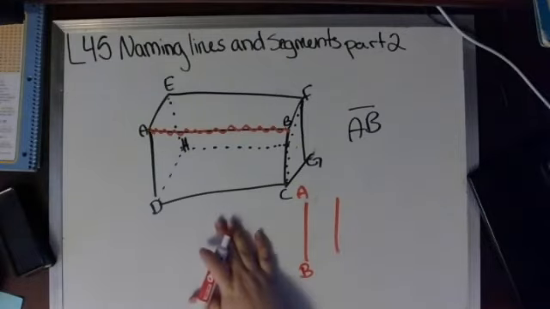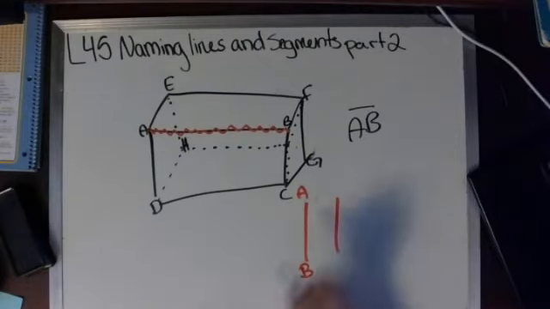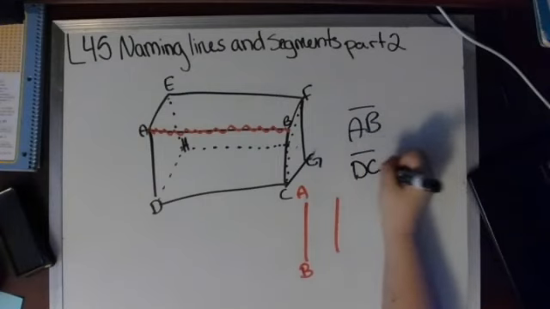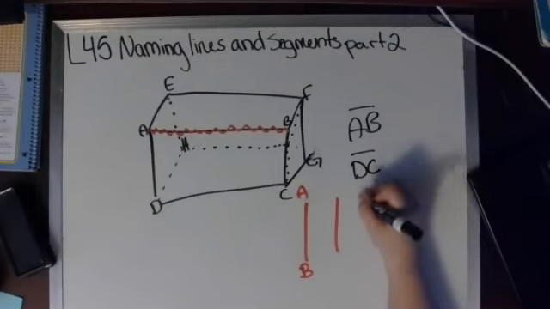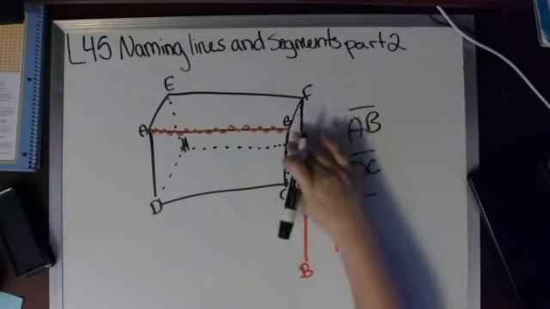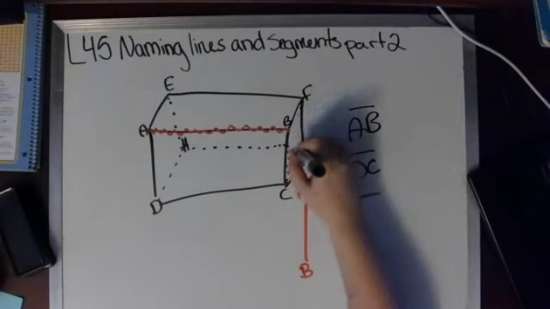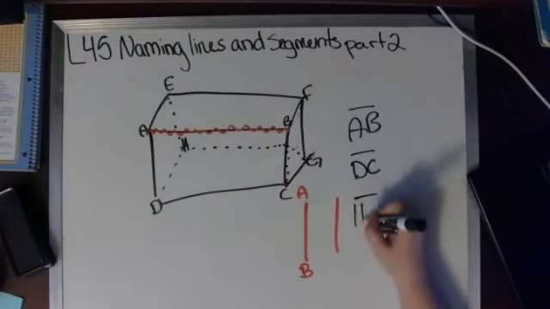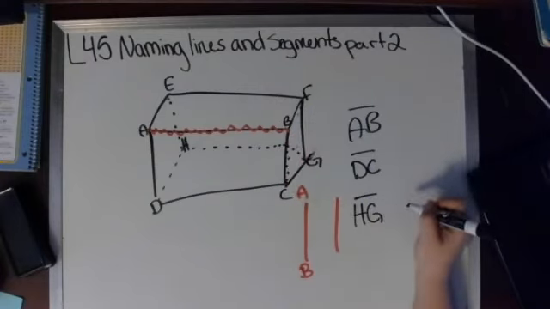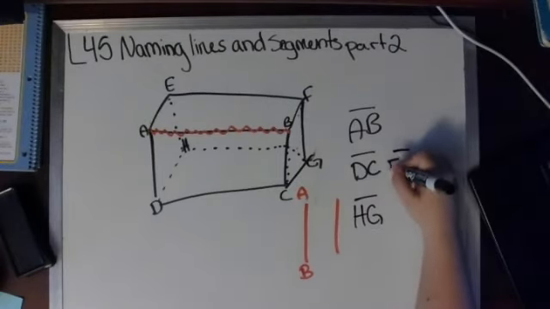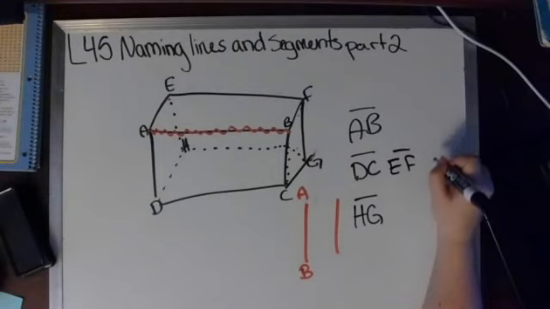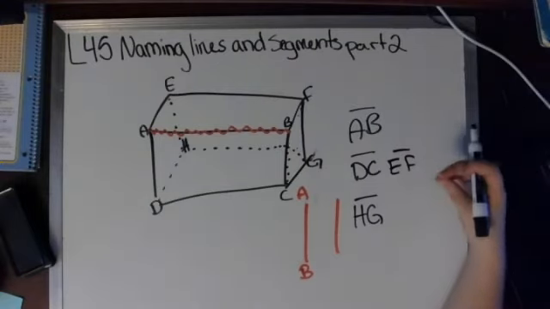So taking a look at our shape, we have a couple of options actually. We can have segment DC, or we could also do segment HG. I'm sorry for my bad drawing. Or we could do segment EF. Okay, all of these are options on what could be parallel.